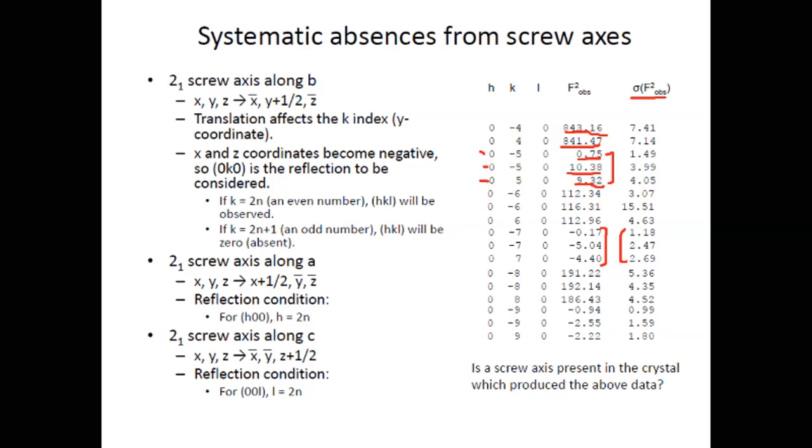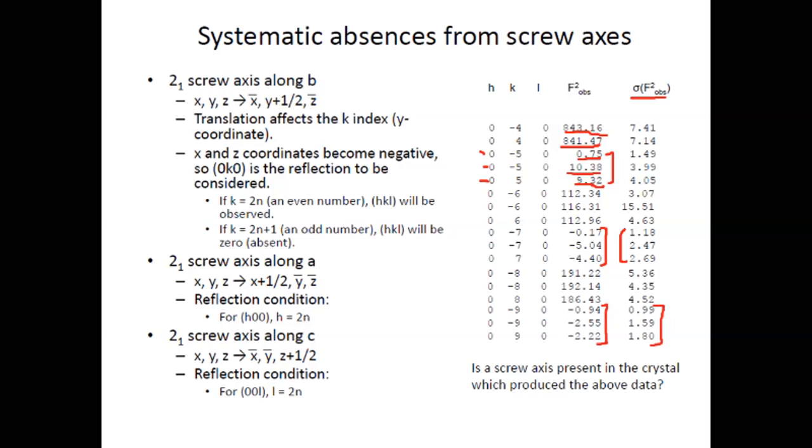And then we go to the 0, -8, 0 and the 0, 8, 0. You see again we have very strong intensities with very small error in comparison to the magnitude of the intensities. And now we go to the 0, -9, 0 and 0, 9, 0 reflections, and again you see we have very low intensity and very high error in relation to the intensity.